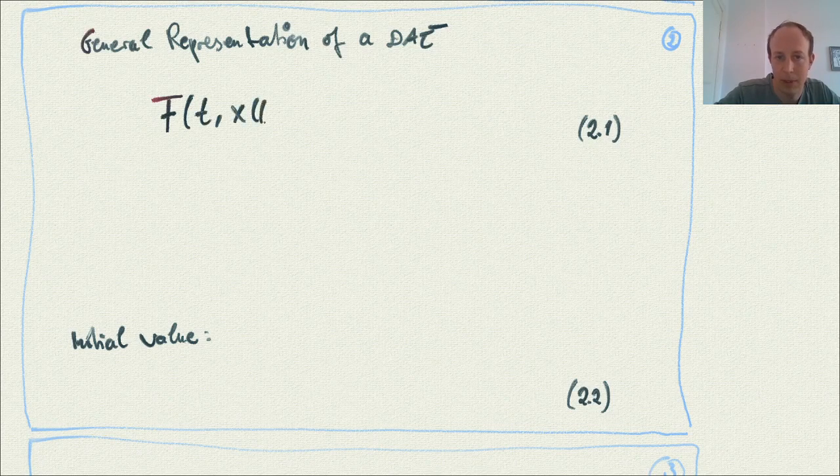Here, this is what we are going to use to describe a DAE if we don't specify anything more, like maybe particular structure, or maybe because it's linear or whatsoever. So there will be examples, but this is the most general form that we can write a DAE in.